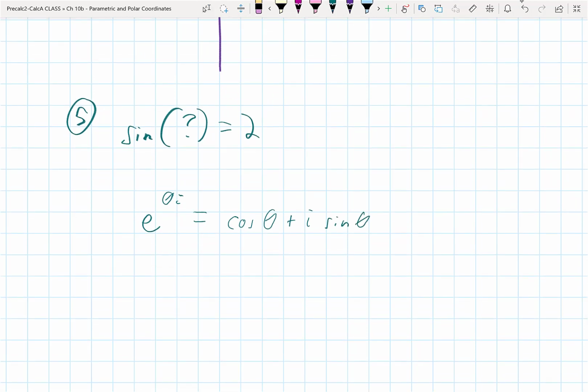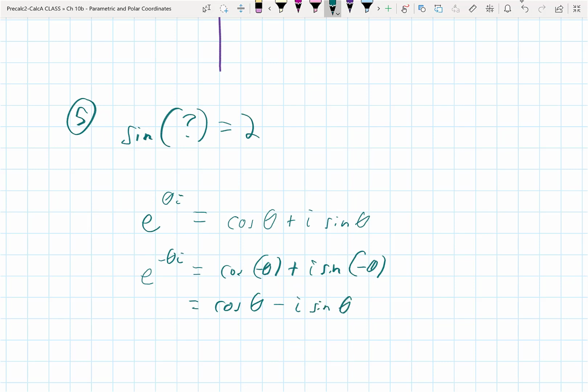Well, if I make this e to the negative theta i, that would be the cosine of negative theta plus i times the sine of negative theta, which is equal to, cosine's an even function, so that's cosine of theta. Sine is an odd function, so minus i sine of theta.